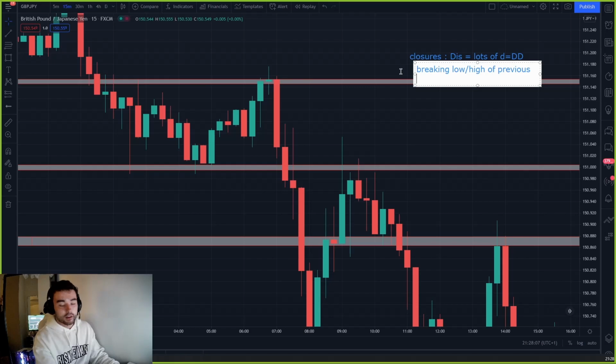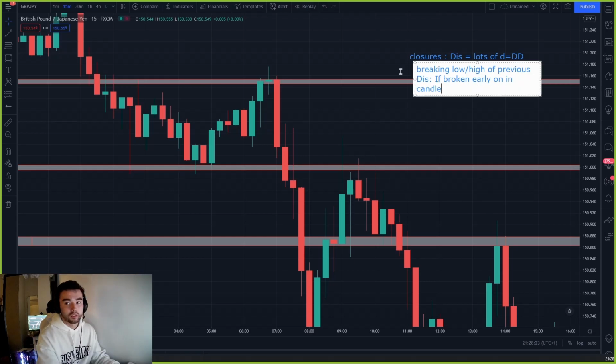And the disadvantage of it is, if broken early on in candle, even more drawdown.